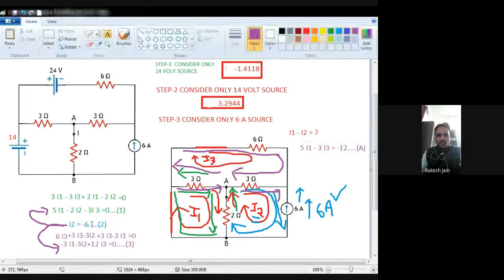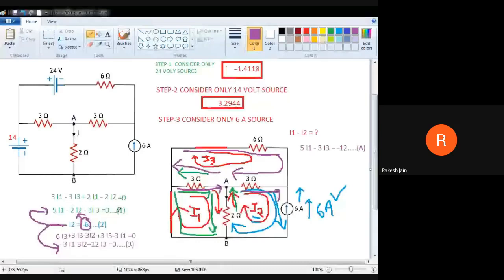It means I2 is 6 ampere, but positive or negative? For this we check our direction and the direction of the 6 ampere. Both are opposite. So I2 is equal to minus 6 ampere. No need to write down the other mesh equation.